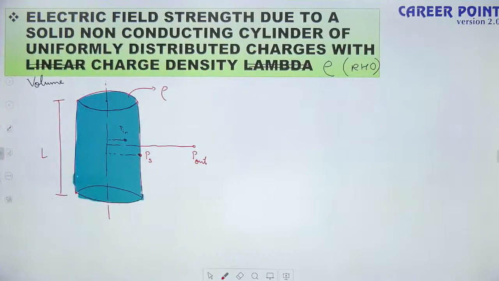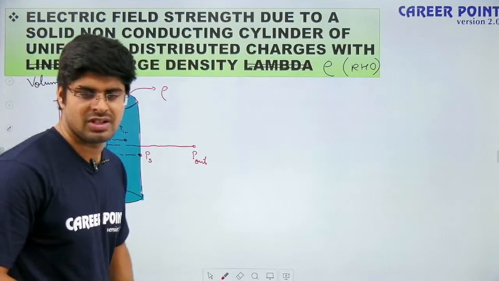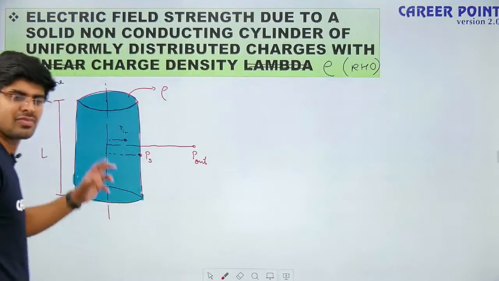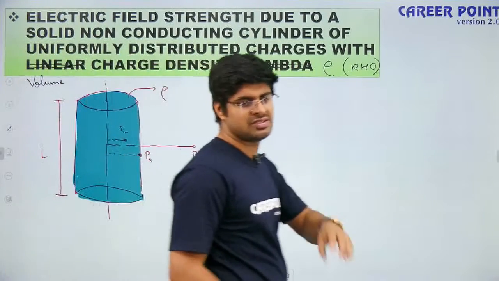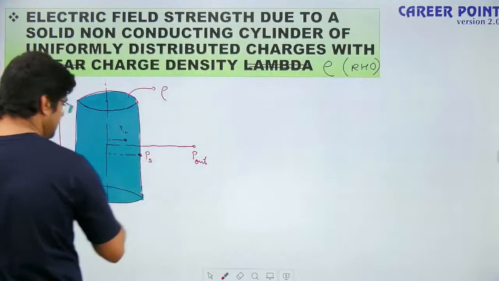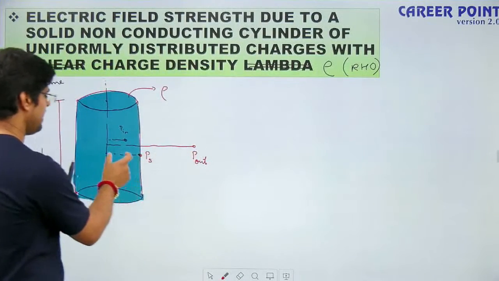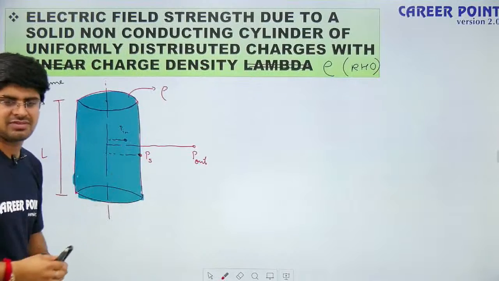So we have taken three different types of points. What are those points? One is the P inside point, one is the outside point, and another is a point which is present on the curved surface of the cylinder.